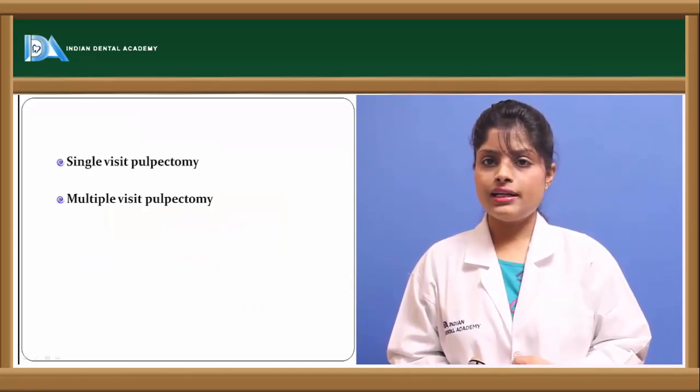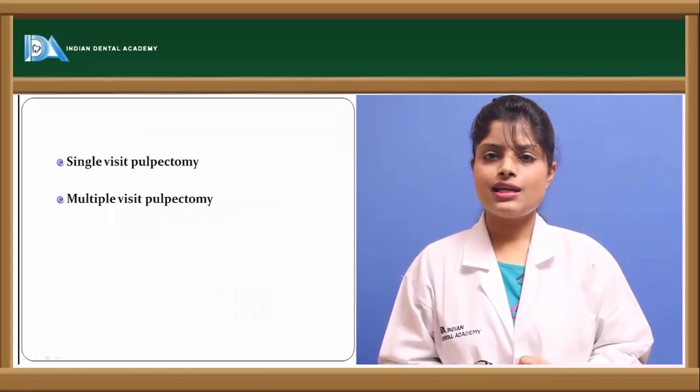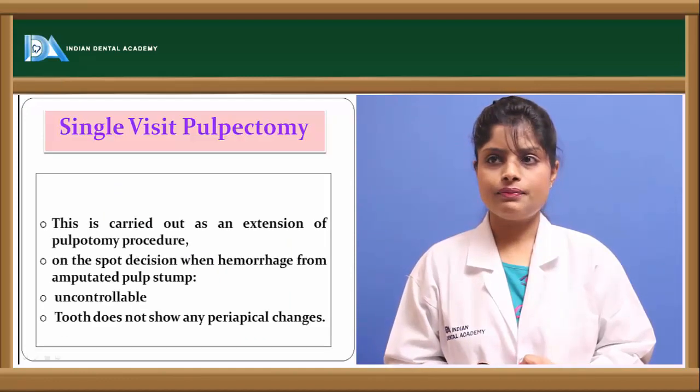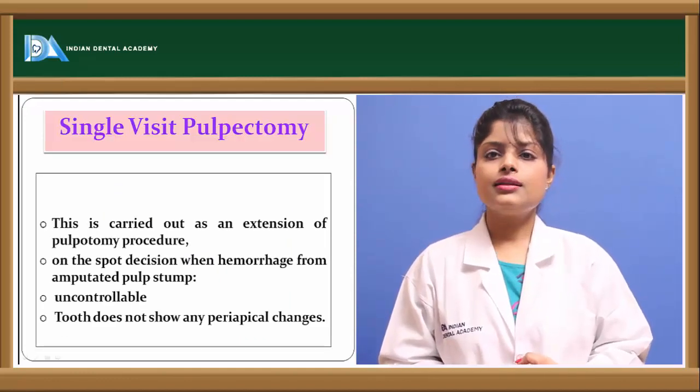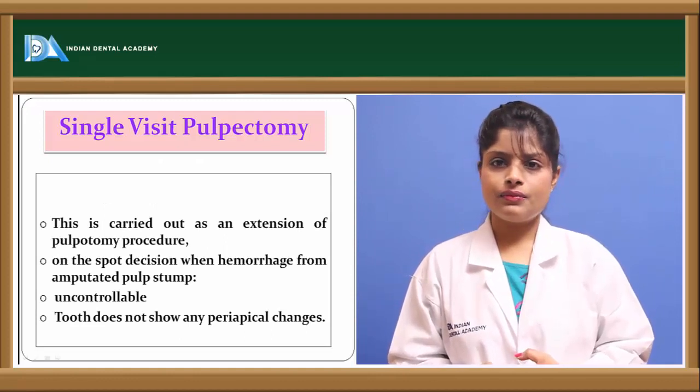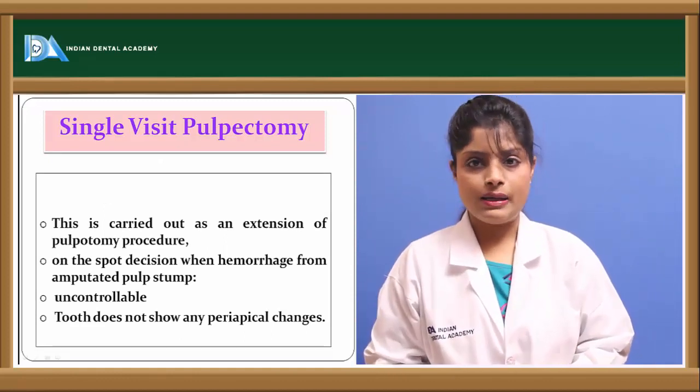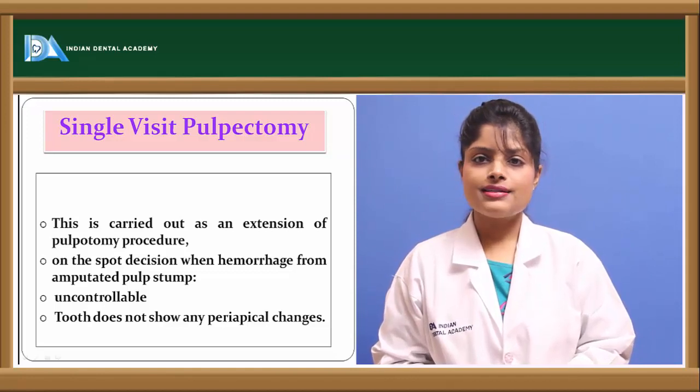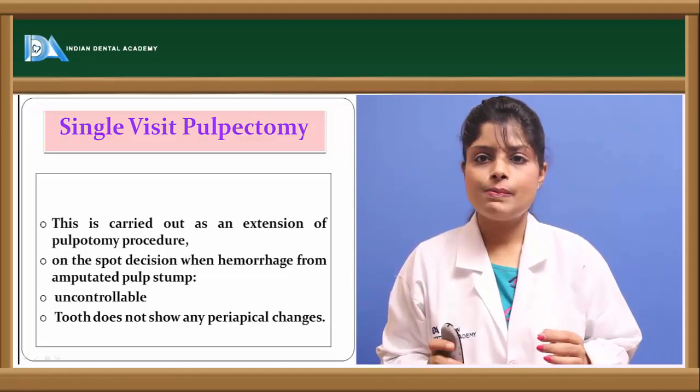So coming over in a descriptive form to single visit and multiple visit pulpectomy. Starting with the single visit pulpectomy. Generally this type of pulpectomy is carried over as an extension to the procedure of pulpotomy.